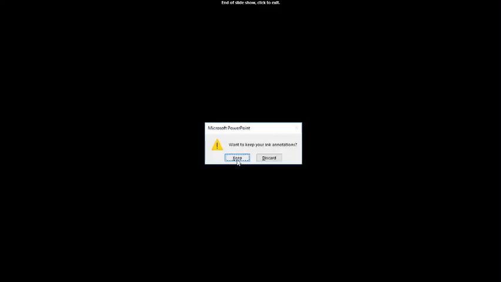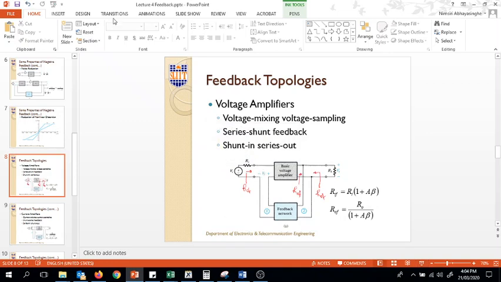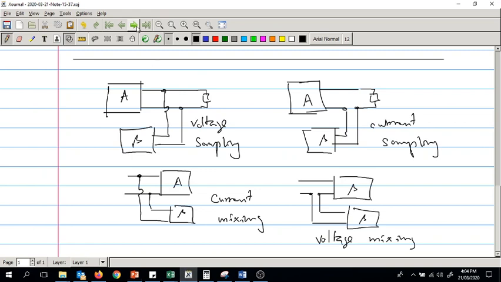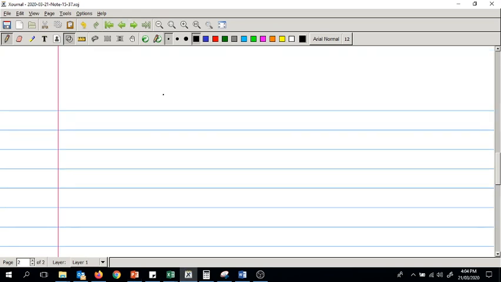Now let's use this knowledge to find the gain of an op-amp amplifier. We've been deriving the amplification or the gain of an op-amp amplifier using the fundamental theory, but here we will try to do that using feedback theory.